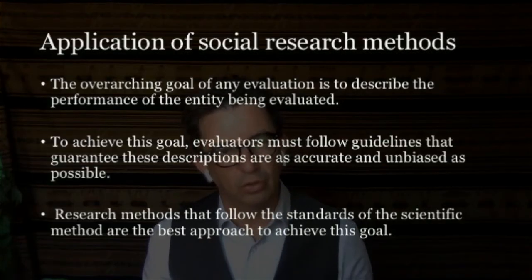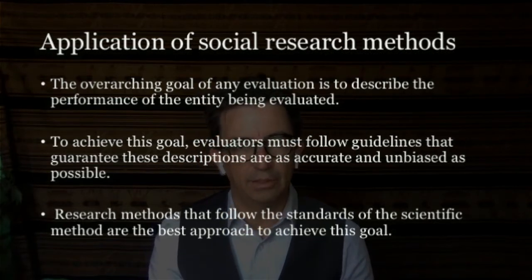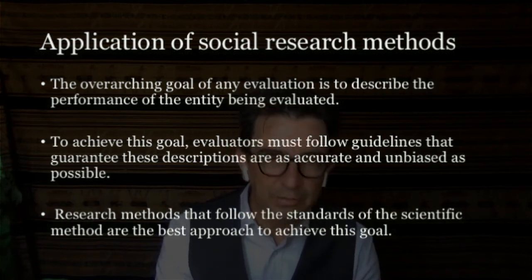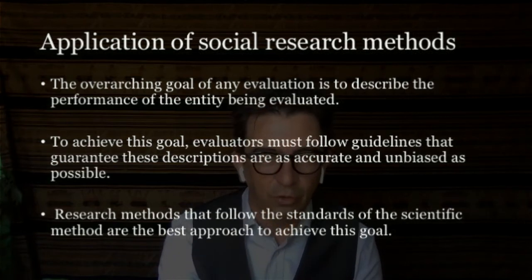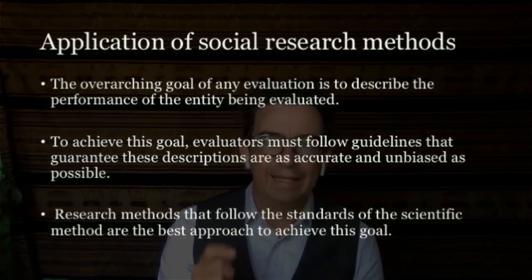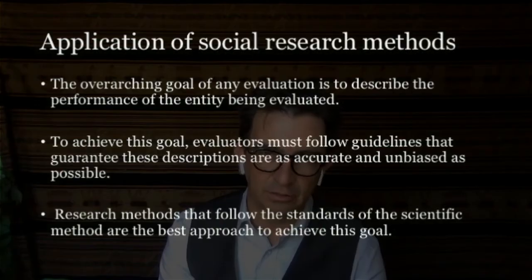To achieve this goal, though, to really describe the performance of something being evaluated, we need to follow guidelines that guarantee that these descriptions or these evaluations of performance are as accurate and unbiased as possible, right? We want accurate and unbiased descriptions of performance. So research methods that follow the standards of the scientific method are the best approach to achieve this goal, right?